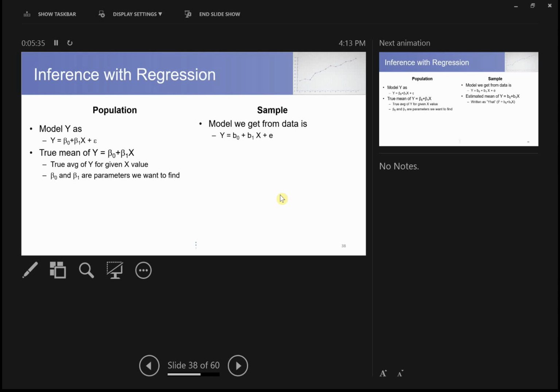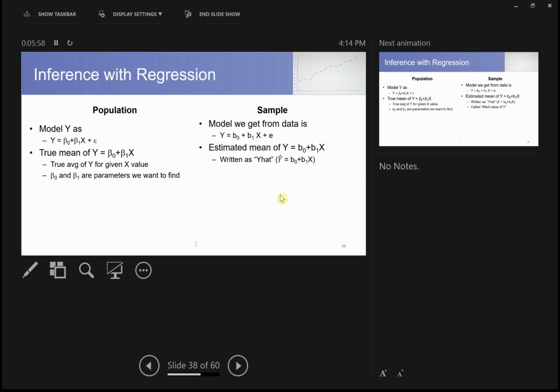So this term here, beta naught plus beta 1x, this is the mean of y for a specific value of x. And these things are parameters. We talked about these on Tuesday. Beta naught is the y-intercept. Beta 1 is the slope. Those are the things that we want, but we can't get. So what do we get?